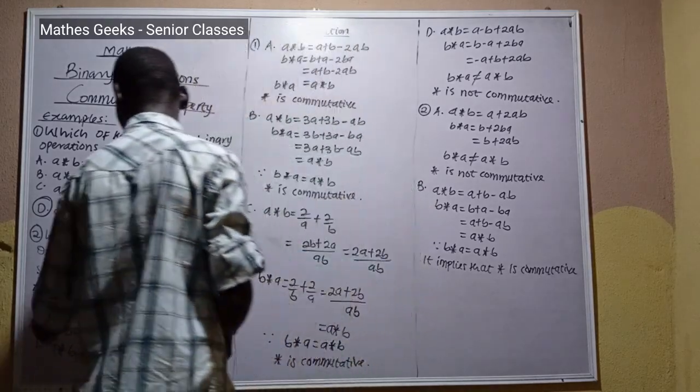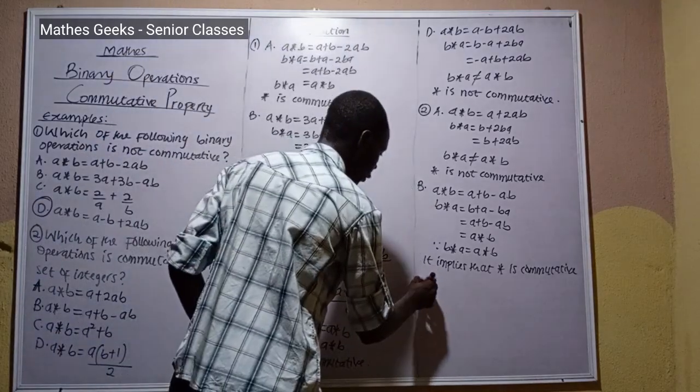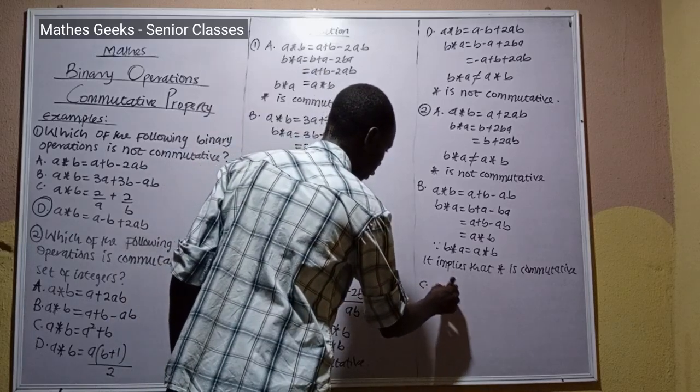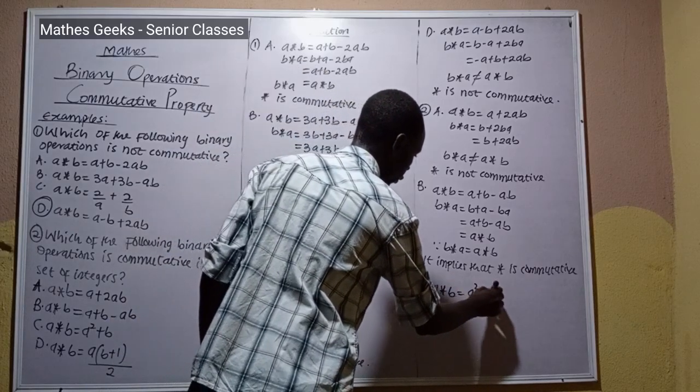But let's still check C and D. So option C, a star b is equal to a squared plus b.